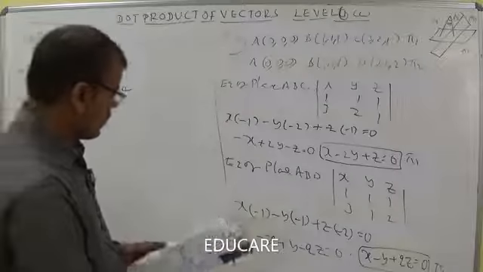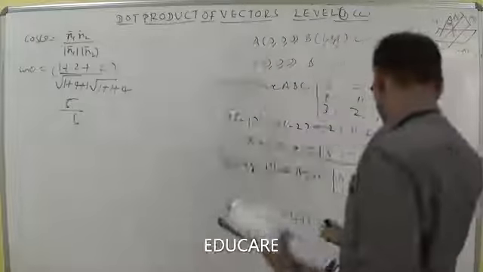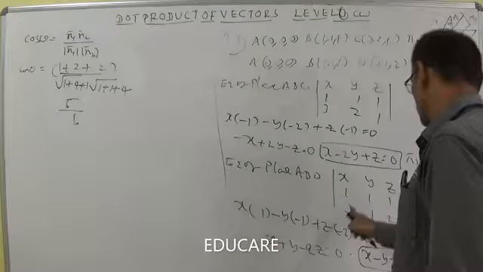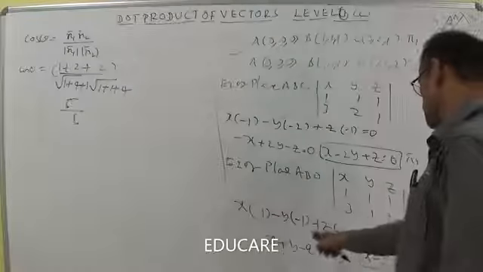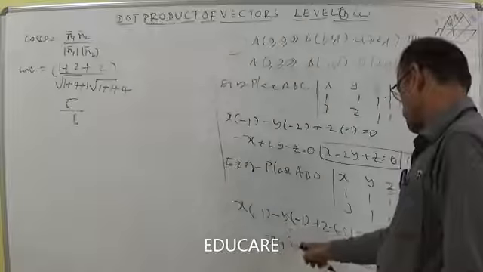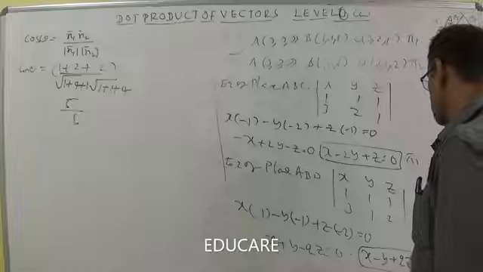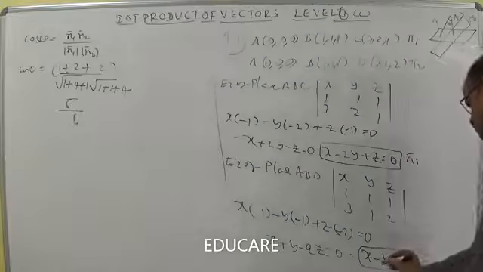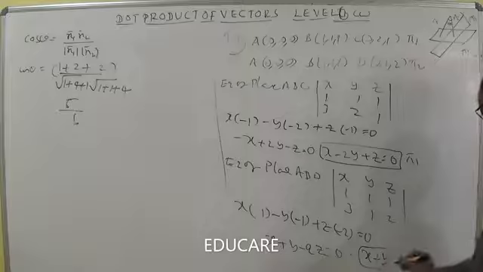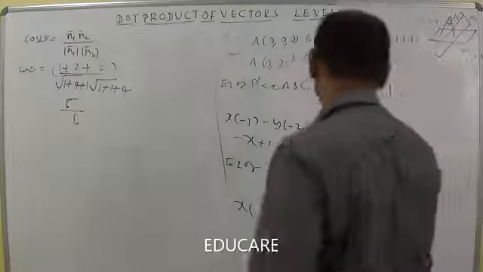Just somewhere here, x into this is 2 minus 1. Here it is plus. And y into 2 minus 3, it's okay. z into 1 minus 3, it's okay. So x plus y minus 2z. Now you write x plus y minus 2z.